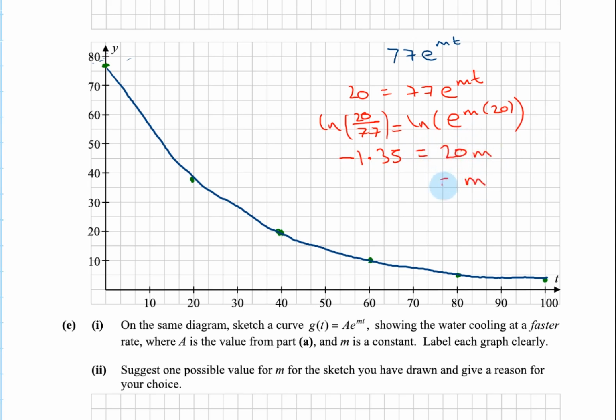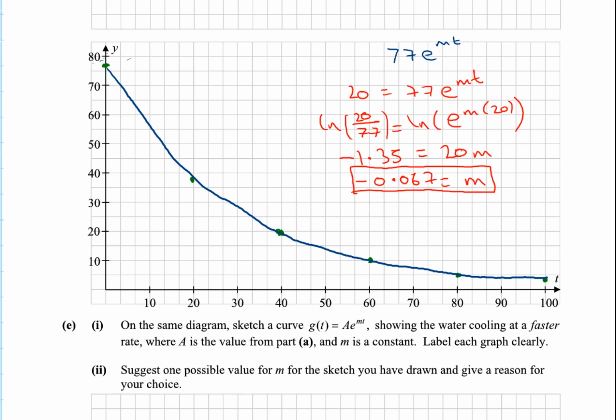So m is going to equal that divided by 20, which is minus 0.067. So if we said m was something like that, then we could sketch this graph and do the exact same.